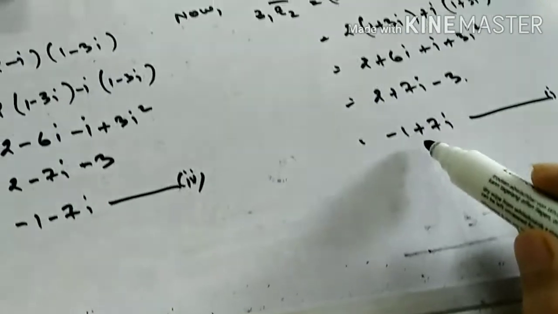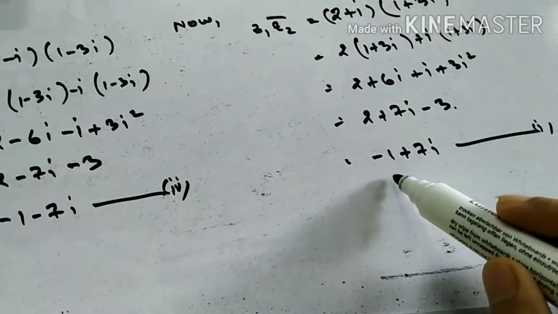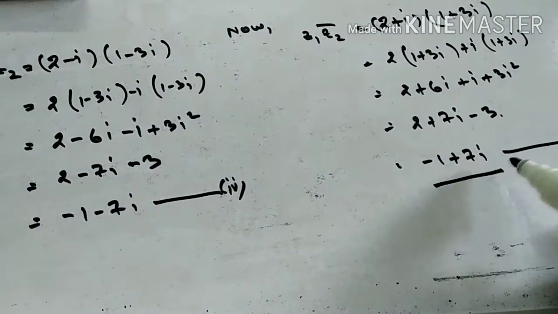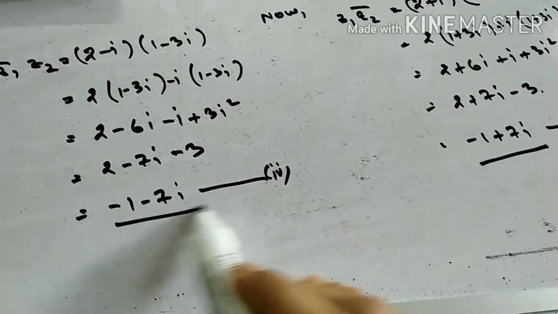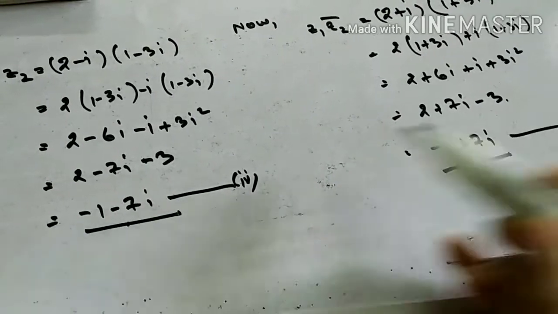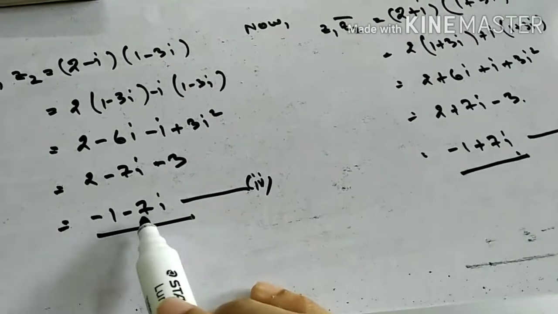You see, this is equation 1, it is minus 1 plus 7i, and this is minus 1 minus 7i. So this is a conjugate of this, and this is a conjugate of this. Understand?